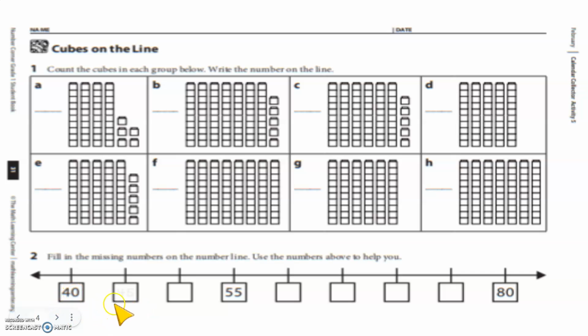So if you have 40, 45, something's missing, and then 55, what could that number be? Remember, we've been talking about counting in patterns of ones, fives, or even tens. What could those missing numbers be?